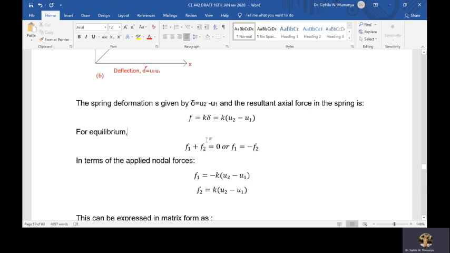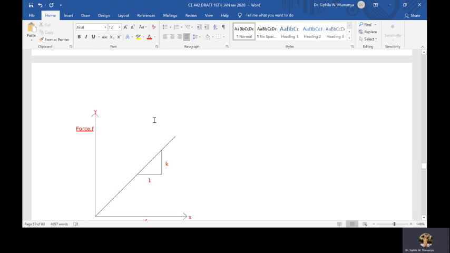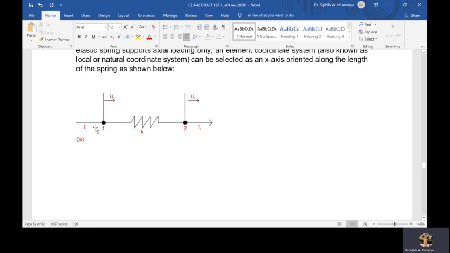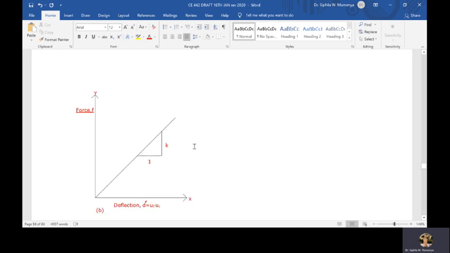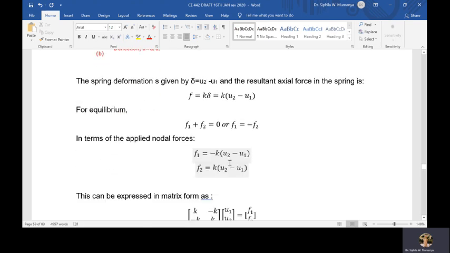And that is, of course, between the two nodes, node 2 and node 1. For equilibrium of the spring, which has two nodes at two points, node 1 and 2, the axial forces F1 plus F2 must be equal to 0, or F1 must be equal to minus F2.